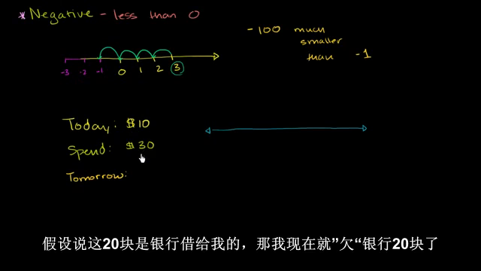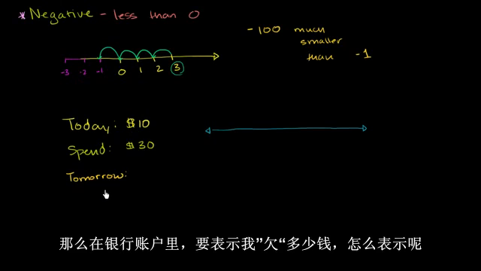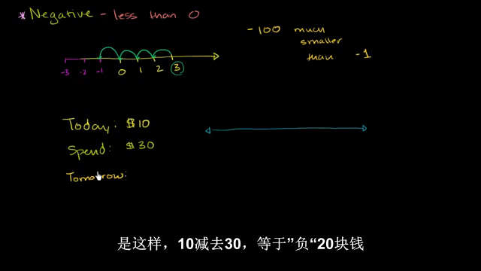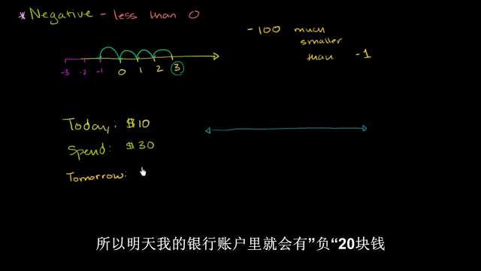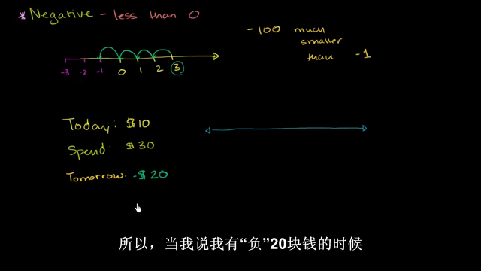So I'm going to owe the bank $20. In my bank account, to show how much I have, I could say 10 minus 30 is -$20. So tomorrow I am going to have negative $20, which means that I owe the bank.